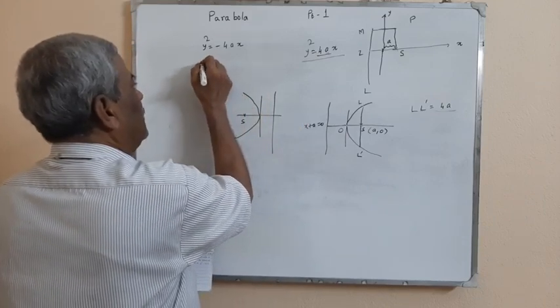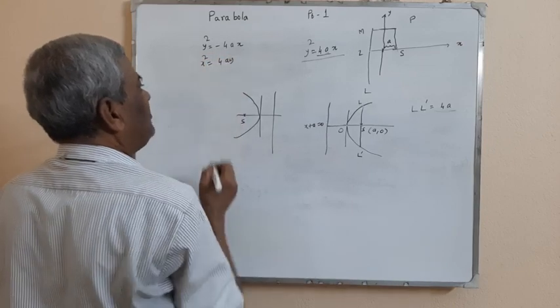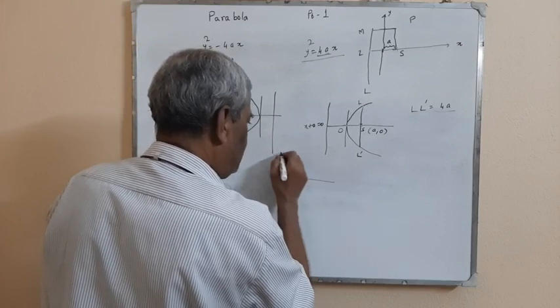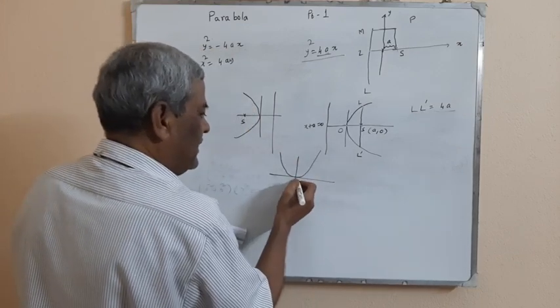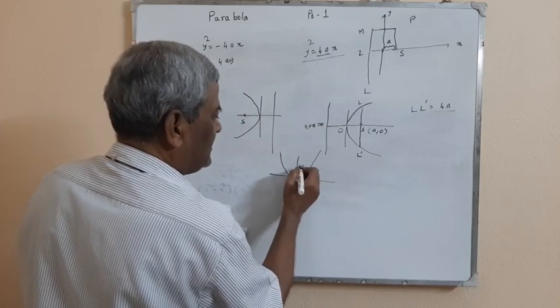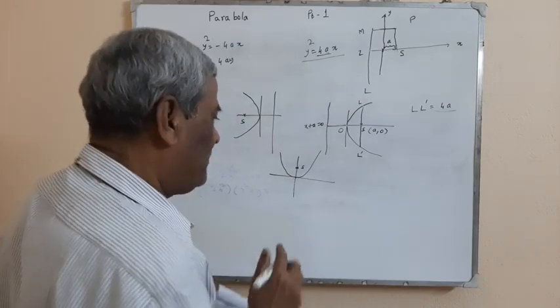Thirdly, the equation x square is equal to 4ay. Its vertex is this. This is the focus. The coordinate of focus is 0, a.